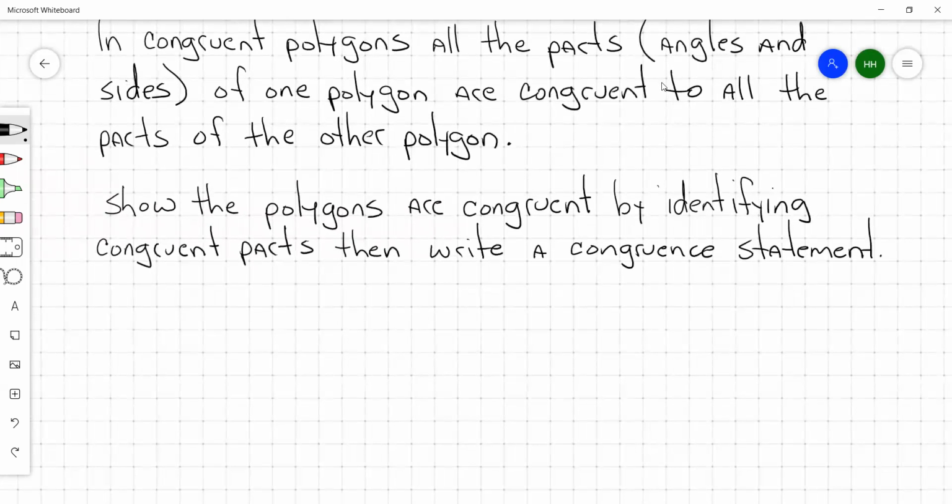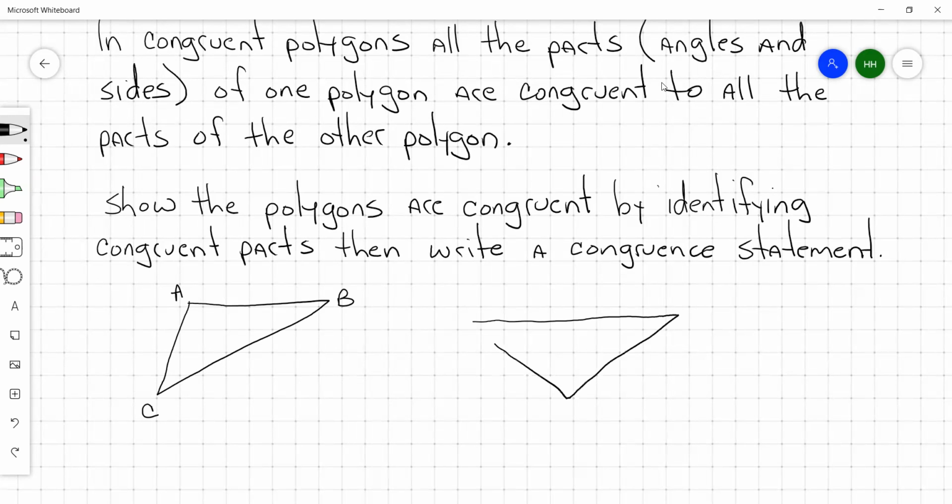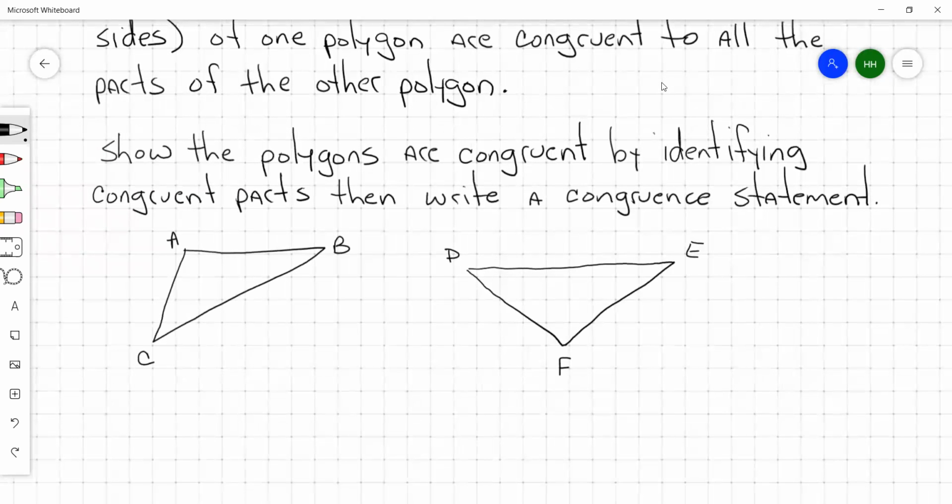So here's how this works. If you're given a couple of shapes, let's say you're given a triangle ABC, and a second triangle DEF, and you're told this about the triangles.